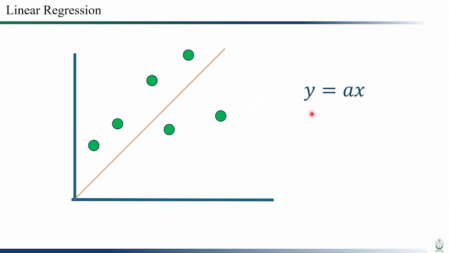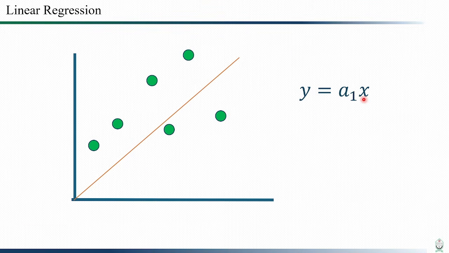Okay, some might disagree: no, I don't like this straight line. I will rather go with this straight line with a different slope because this is much closer to these 2 points. And that is also a valid argument. And some of you might say, no, let's go with this straight line with another slope where we can see that this straight line is closer to these 4 points.